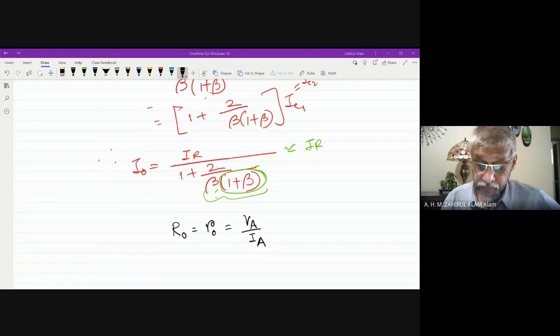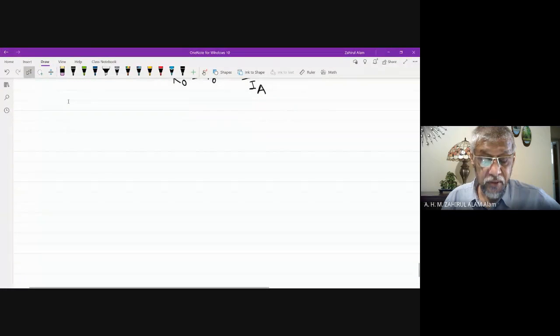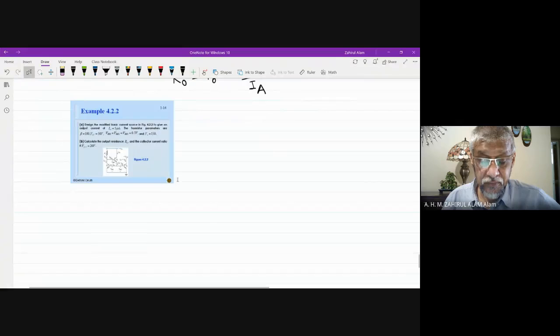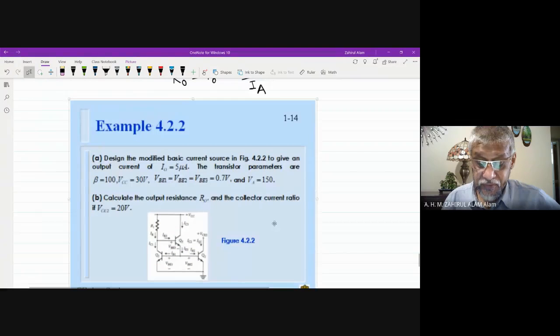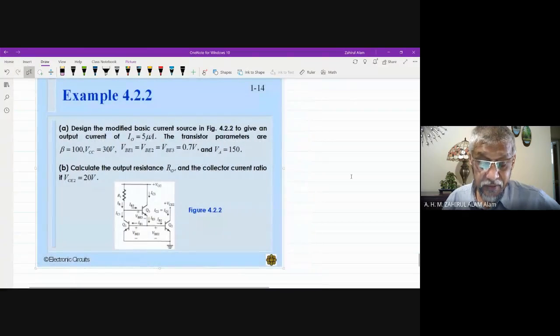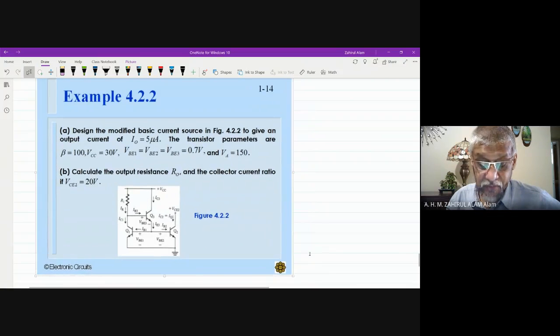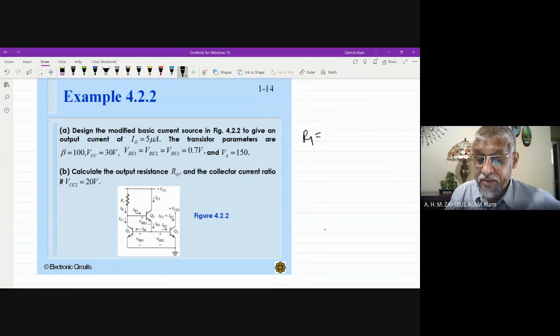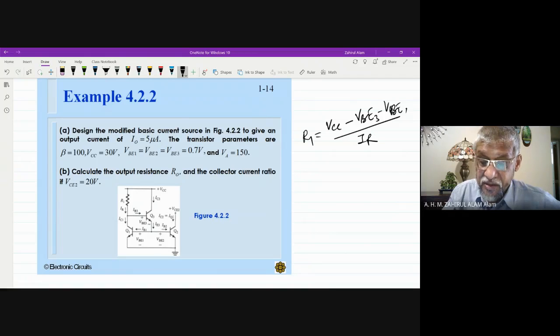So this is the circuit, and we need to do the same problem. So now we can find R1 is equal to VCC minus VBE3 minus VBE1, divided by R1. This is relation 1.